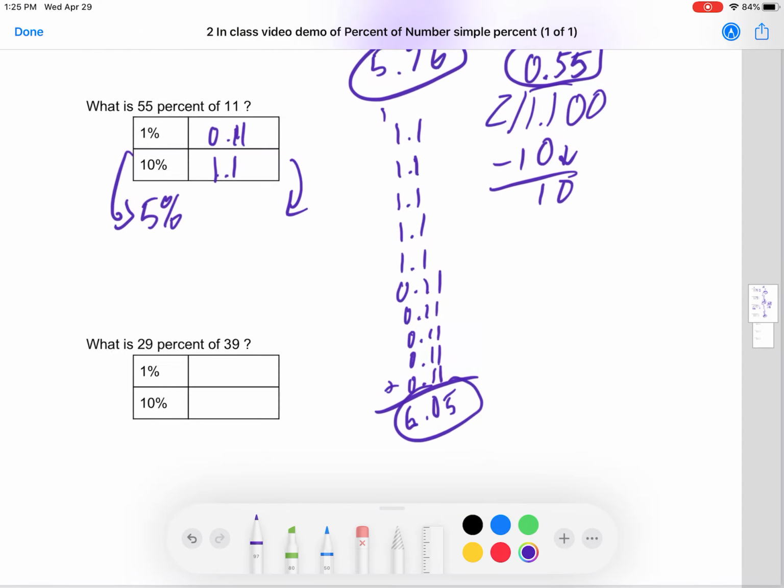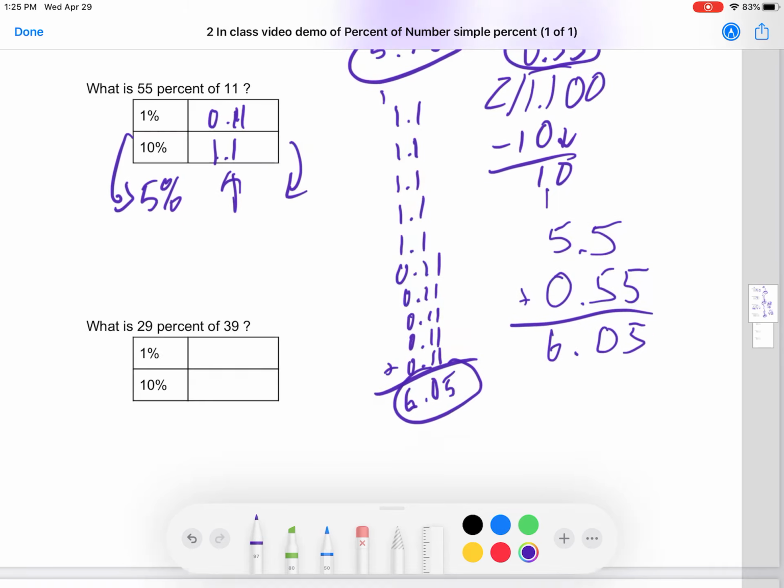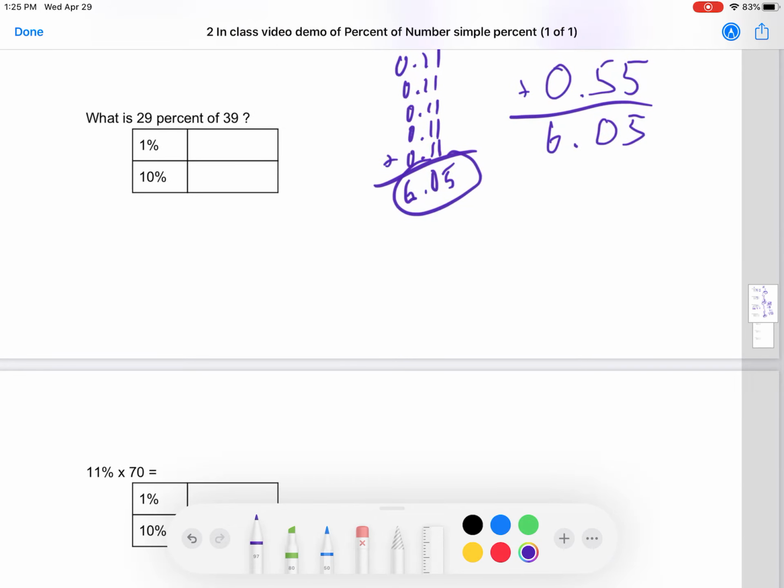So I could do the 50%, which is 5.5, plus the half of 1%, which is that. Same answer? Yeah. Okay.